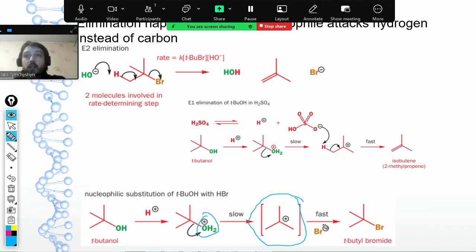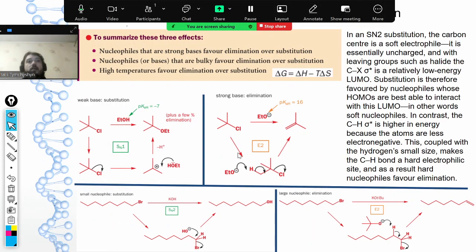And once again, for example, we have bromine that attacks this carbocation, and we get tert-butyl bromide instead of isobutene. So you might ask, how do we differentiate these cases? Should we expect the substitution reaction or the elimination reaction?